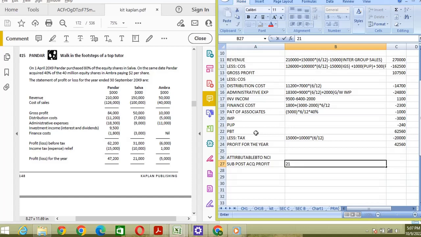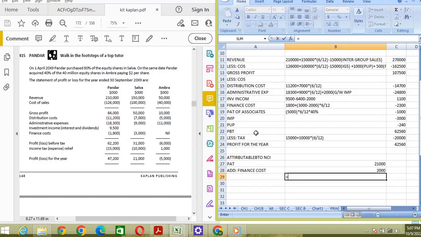The 21,000 is for the whole year. So I will simply write profit after tax 21,000. We will add back the finance cost that the subsidiary paid to the parent, that is 2,000. So the total amount is this plus this, 23,000.